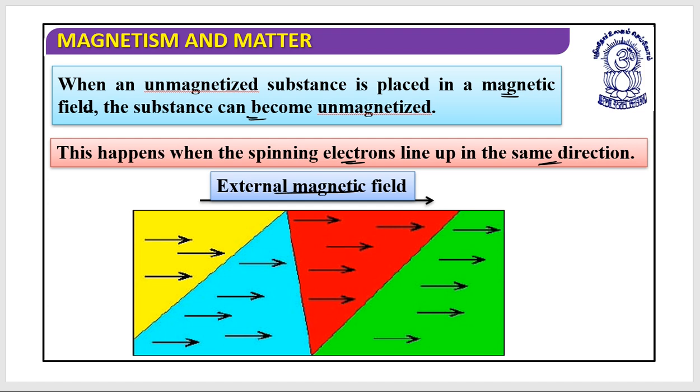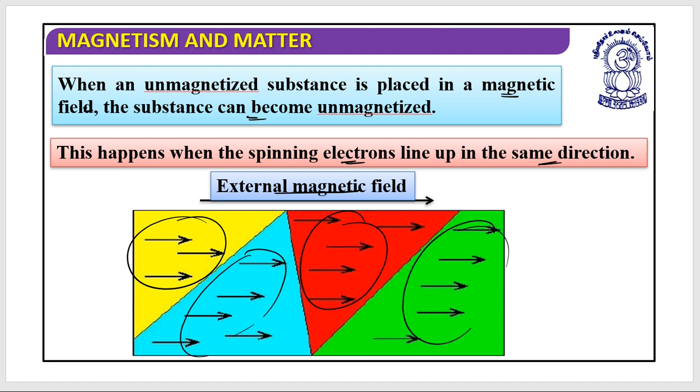If the ferromagnetic material has been placed in the external magnetic field, then every domain will have a tendency to align itself in the direction of the external magnetic field. So that's why this will add up in the same direction, and this will make a strong and better magnet.